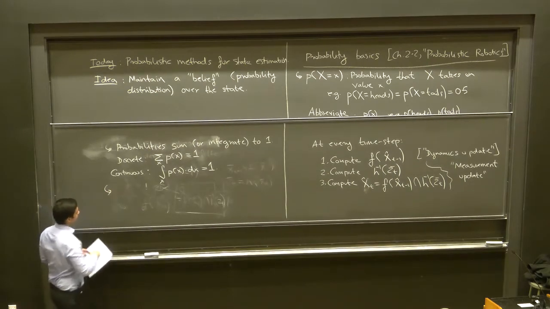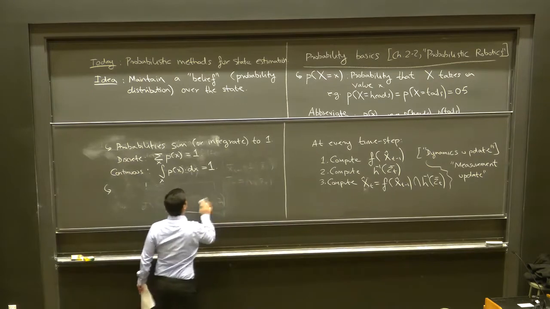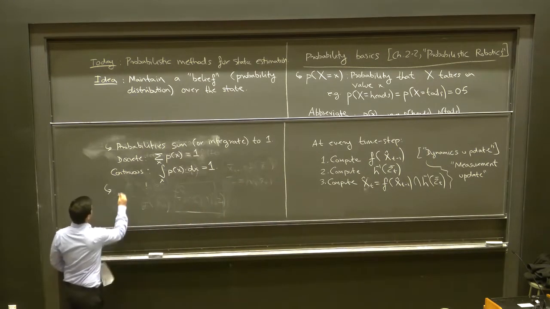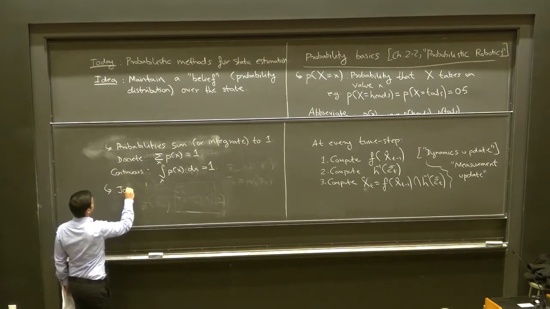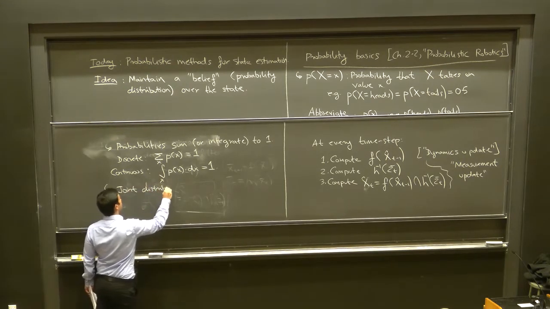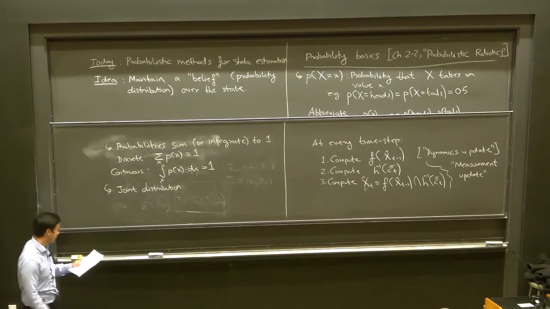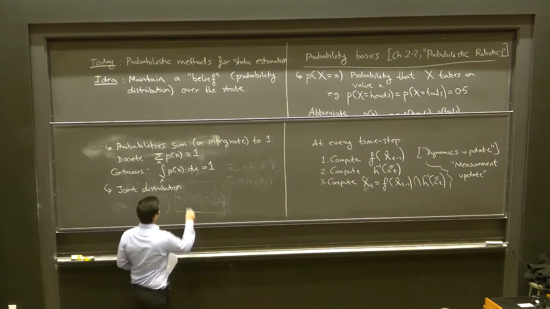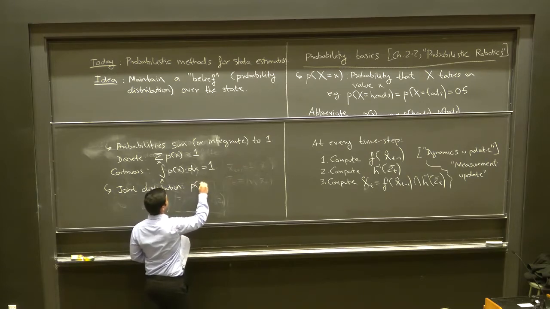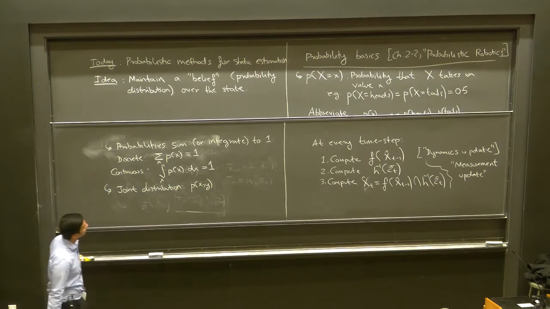The other important concept is that of a joint distribution. So if we have multiple random variables, let's say 2 random variables, then we denote the joint distribution by p of x comma y.